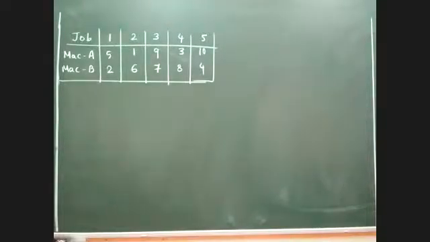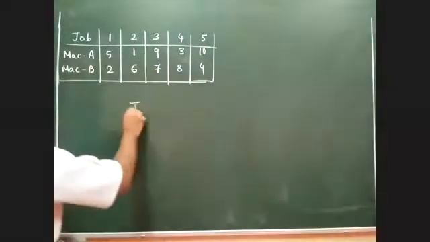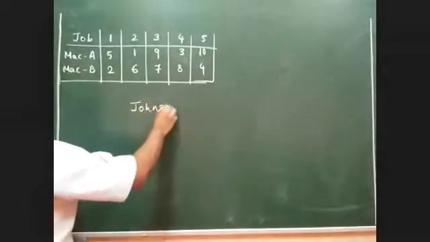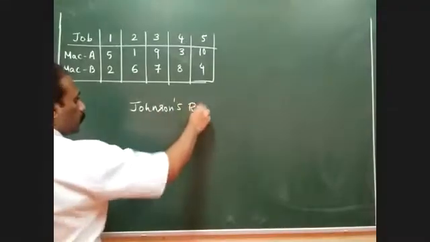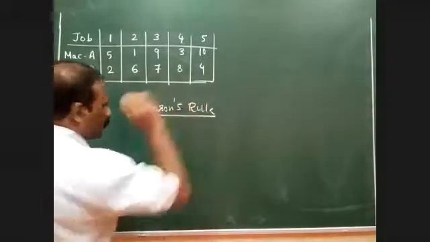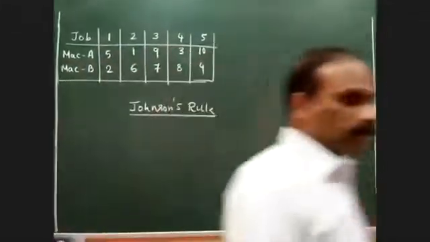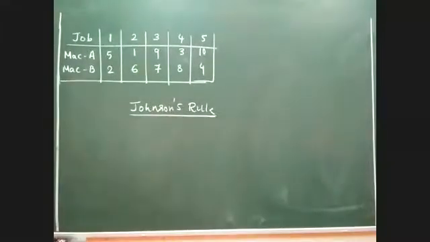Now I'm introducing a very, very important concept which is part of sequencing, and that is called Johnson's rule. We are supposed to apply Johnson's rule before we start calculating the elapsed time as well as idle time. Let's try to understand what this Johnson's rule is all about.